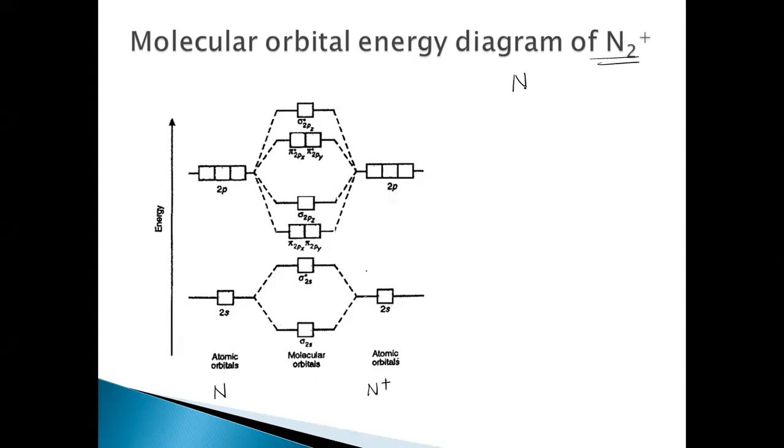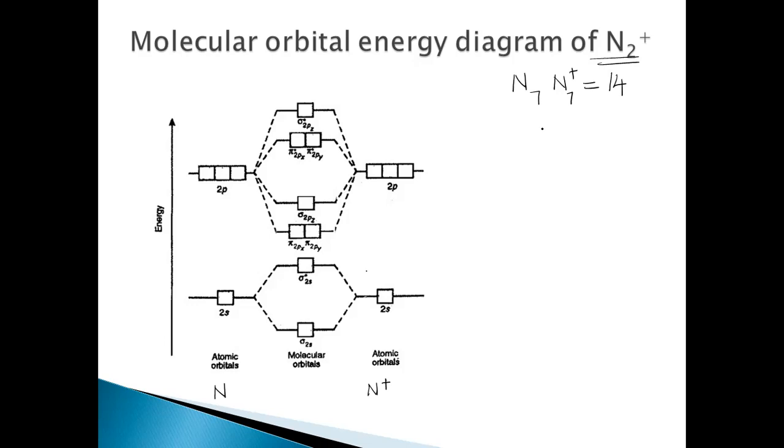Here the atomic number does not change for the positive ion also. So the atomic number is 14 here. We know that for molecules of atomic number 14, the energy of pi 2px and pi 2py is less than that of the sigma 2pz.